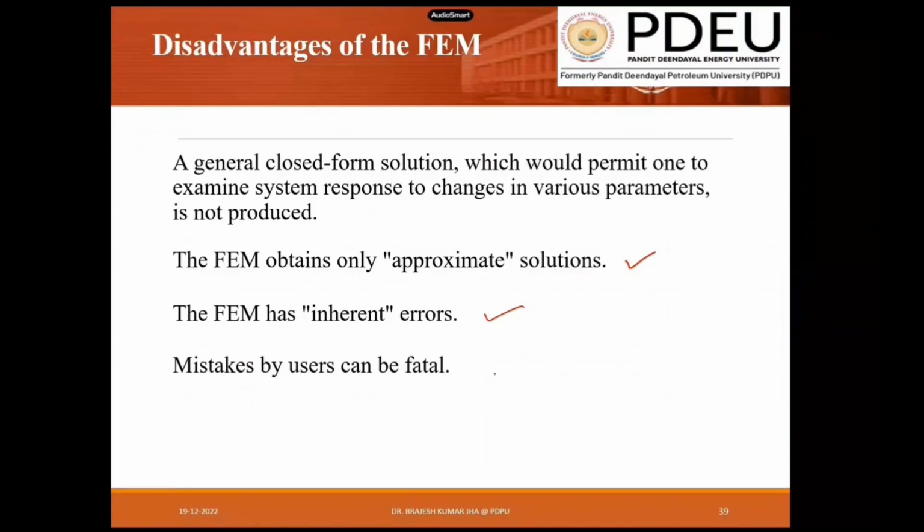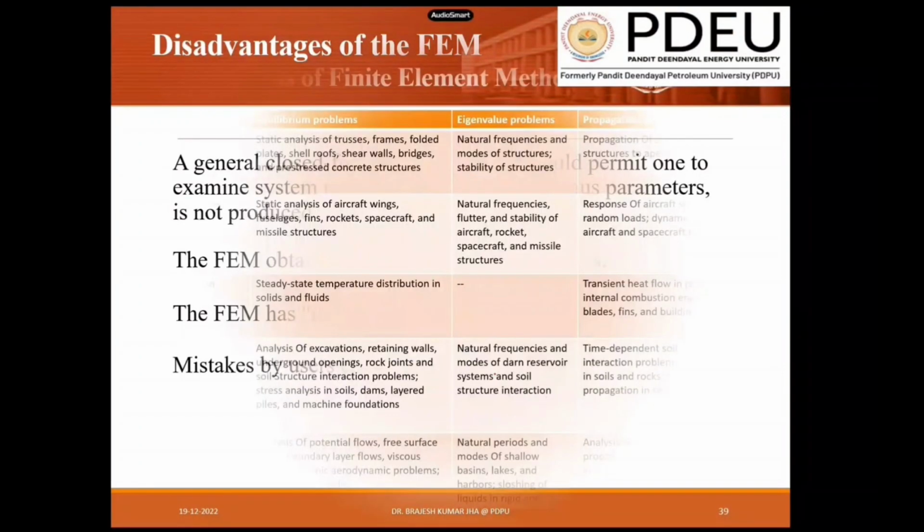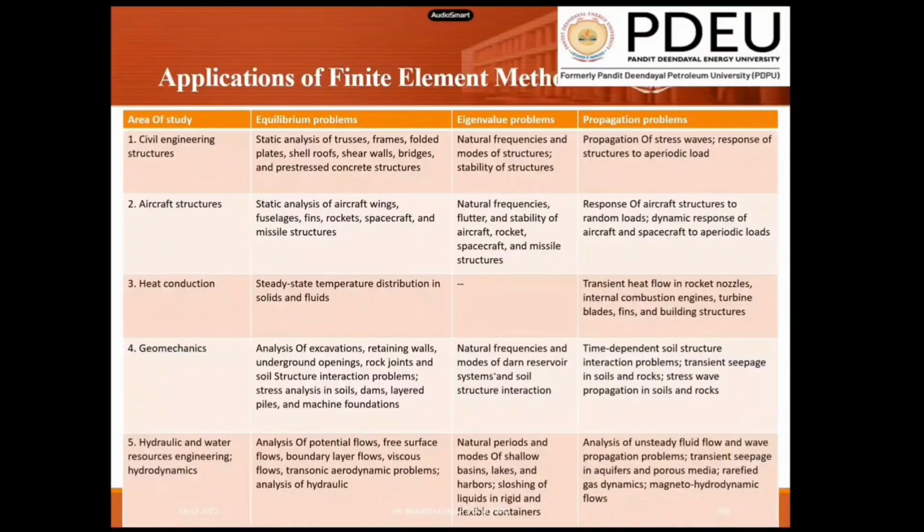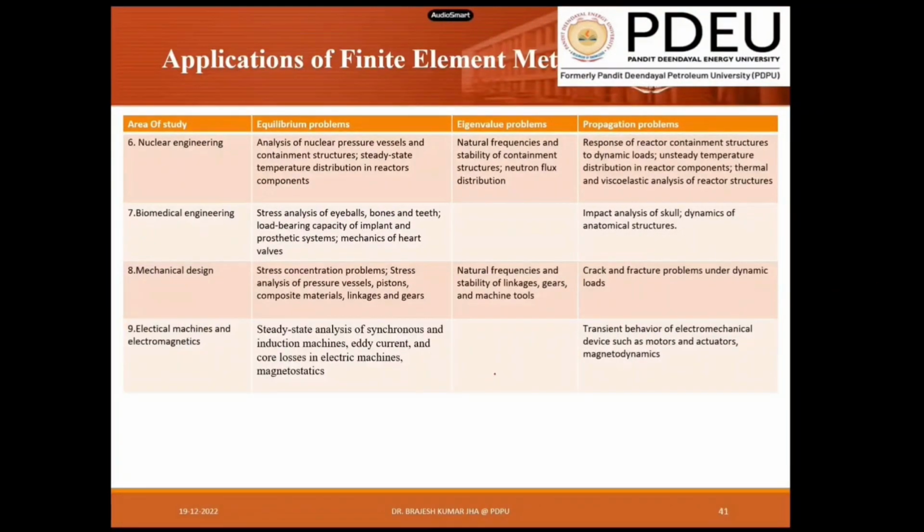These are the drawbacks or disadvantages of the finite element method. I have listed some applications of FEM in engineering, geomechanics, civil engineering, and biomedical engineering. Everywhere you can use the finite element method accordingly.